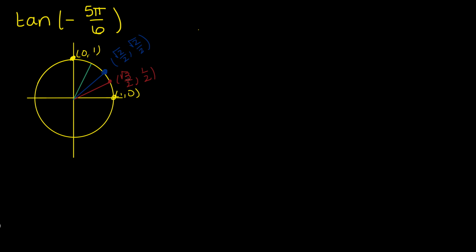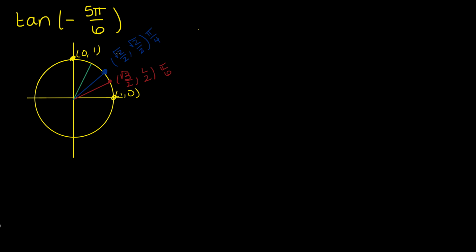Which means that this is pi over 6. Cosine of pi over 6 is the square root of 3 over 2, and sine is 1 half. Here, this is pi over 4, or 45 degrees.